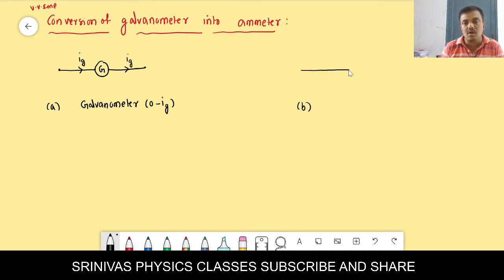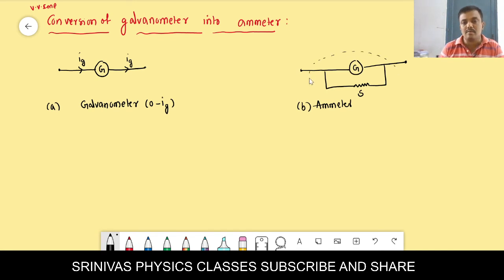For that, you connect one small resistance, called the shunt, in parallel to the galvanometer. Then automatically the galvanometer is converted into ammeter. This is the process in which we convert the galvanometer into ammeter.